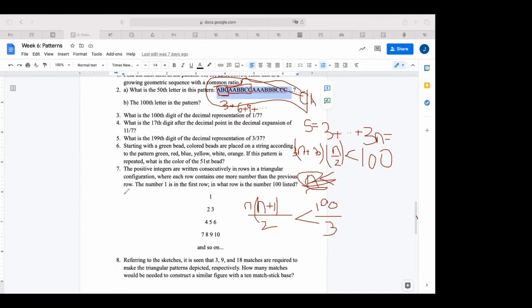In this case, it would be this series, but it would not be just less than 100, but it has to be less than 100 over 3, since each bracket has 3 terms.